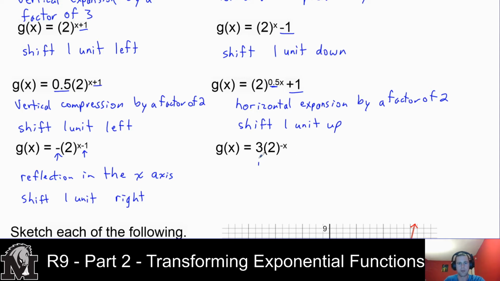Our last one here, we have this number that's out in front, and we have this negative that's multiplied in the exponent. So it's a vertical expansion, and then we have a reflection in the y-axis.